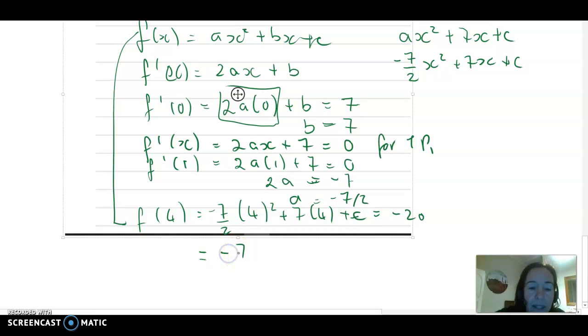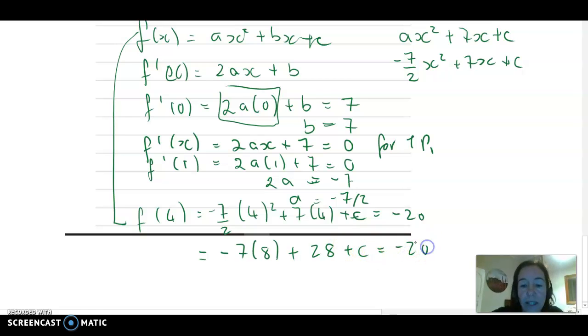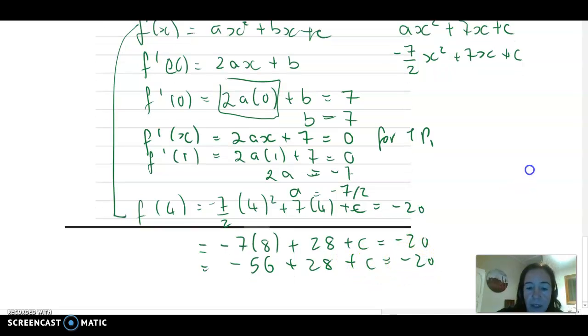So negative 7 times 8 plus 7 fours are 28 plus c equals negative 20. We've got negative 7 times 8, which gives me negative 56 plus 28 plus c equals negative 20.